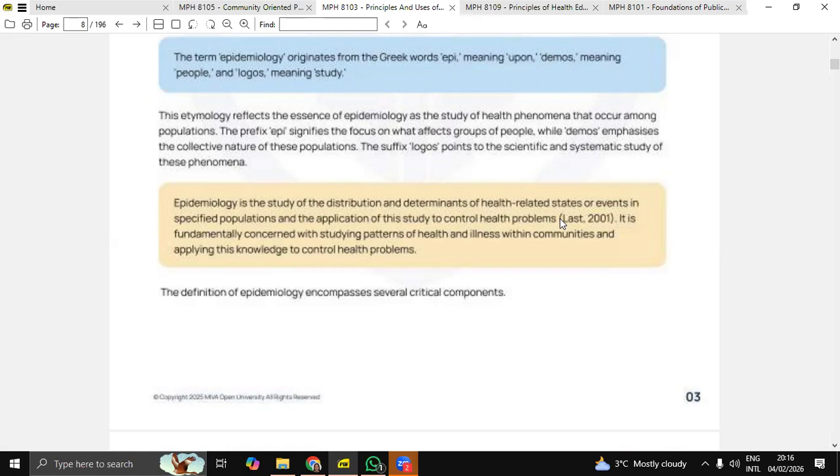And then remember that this is epidemiology, so we are not talking about individuals. If we are studying just individuals, it will be clinical medicine, but this is epidemiology, so it's in specified populations.